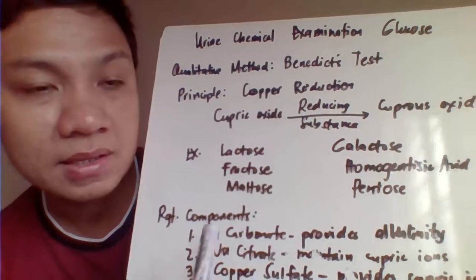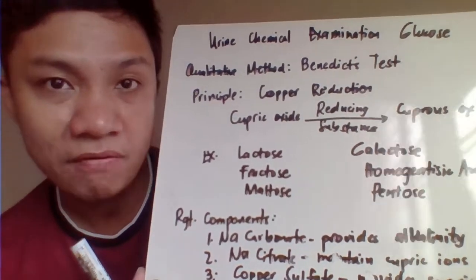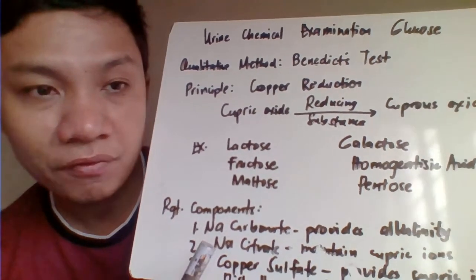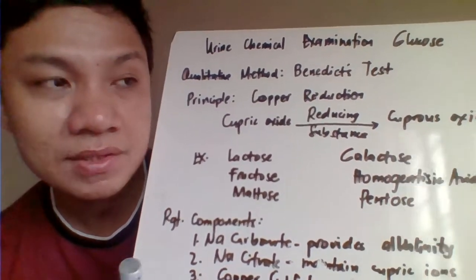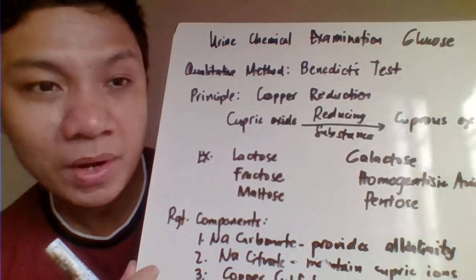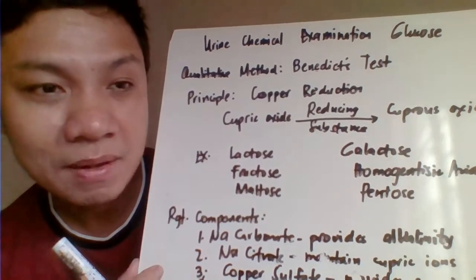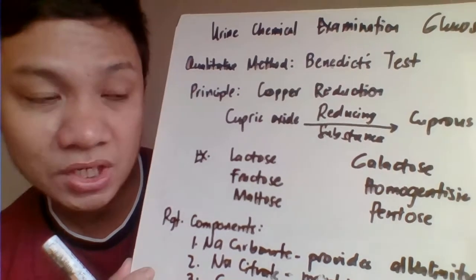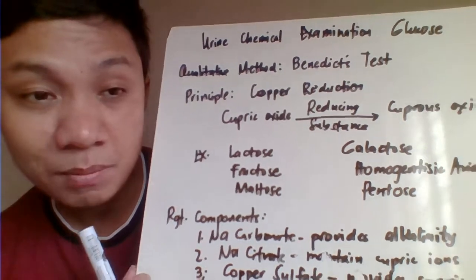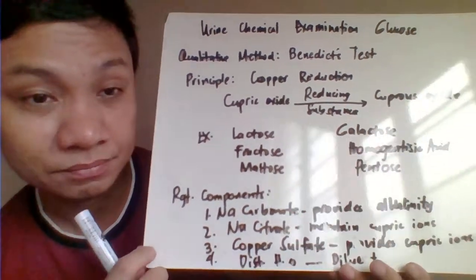Once they are present in our urine sample, it will give a positive result. So that would mean that if you get a positive result in your Benedict solution, you could not determine what's present in the urine sample giving that positive reaction. We don't know which one of your reducing substances is responsible for the positive reaction.